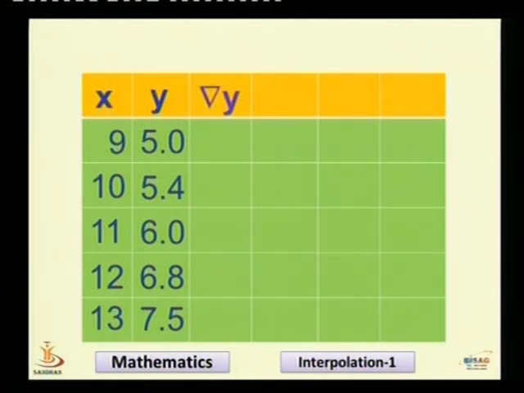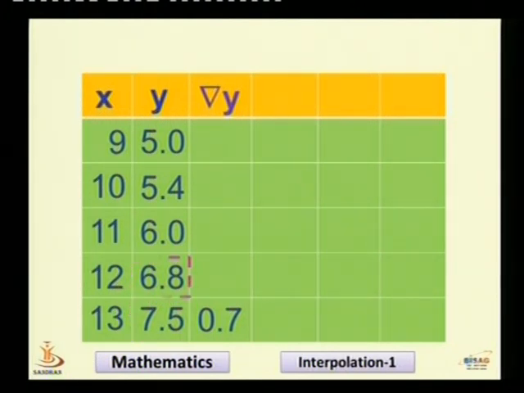Now, the first order backward difference nebla y can be evaluated as follows. First, 7.5 minus 6.8 will give you 0.7. This is the value of nebla y5.